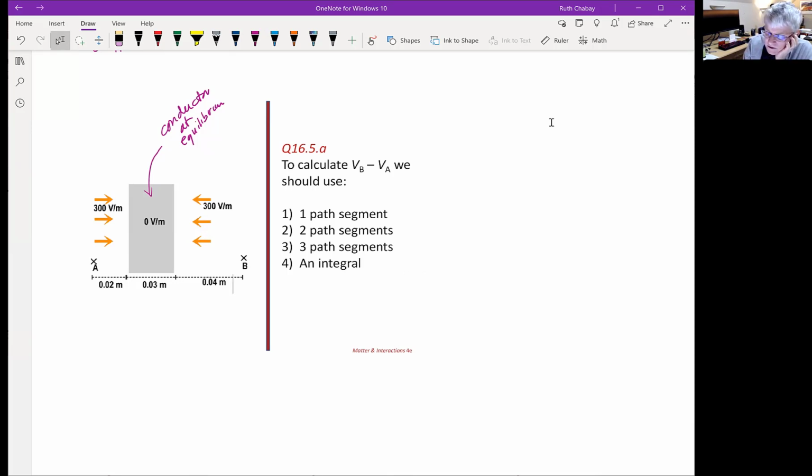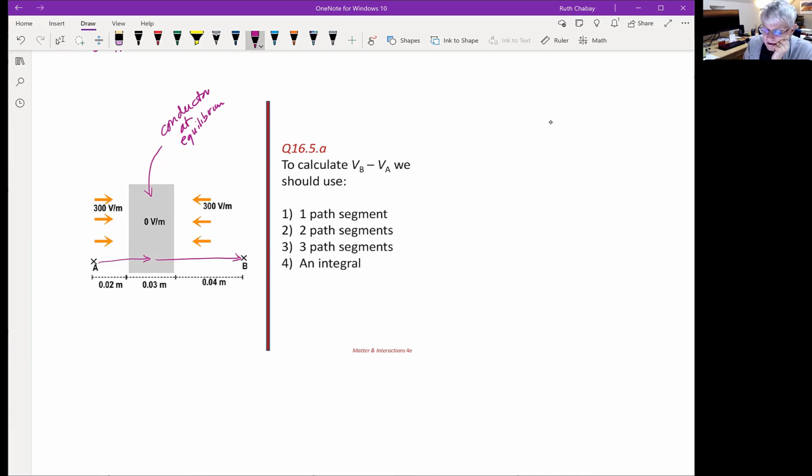So one person suggesting that our path would actually go to somewhere in the middle of the rod or something like that. Okay. So it is tempting to say we're going to take 2 path segments kind of like that.